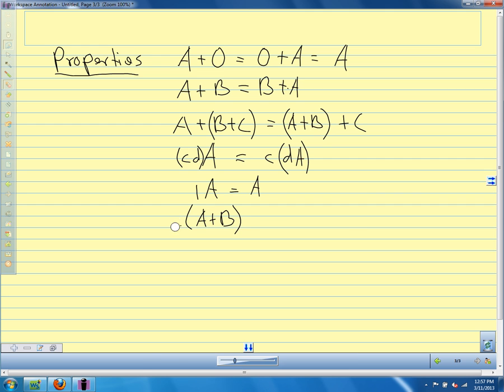If I multiply a sum by a scalar, I can distribute. And if I add two scalars and multiply by a matrix, I can distribute the matrix.